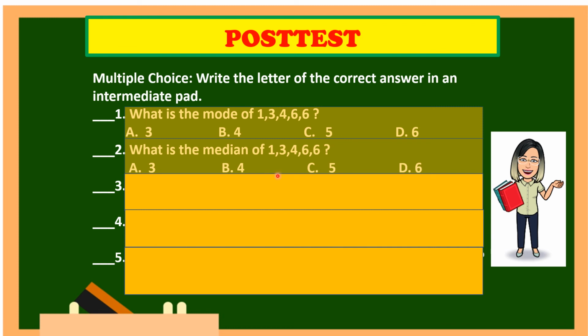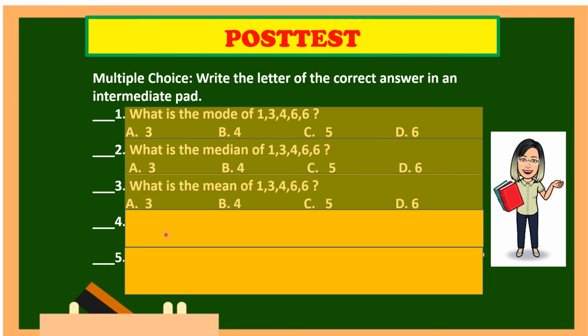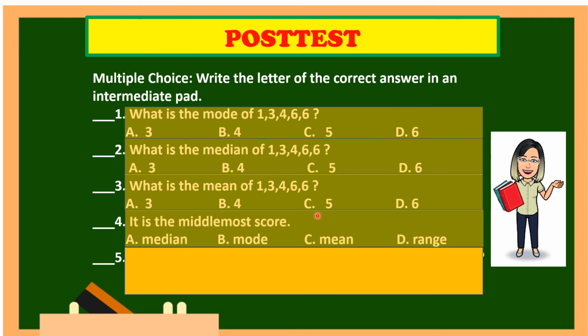What is the median of 1, 3, 4, 6, 6? Letter A, 3. Letter B, 4. Letter C, 5. Letter D, 6. Number 3. What is the mean of 1, 3, 4, 6, 6? Letter A, 3. Letter B, 4. Letter C, 5. Letter D, 6.